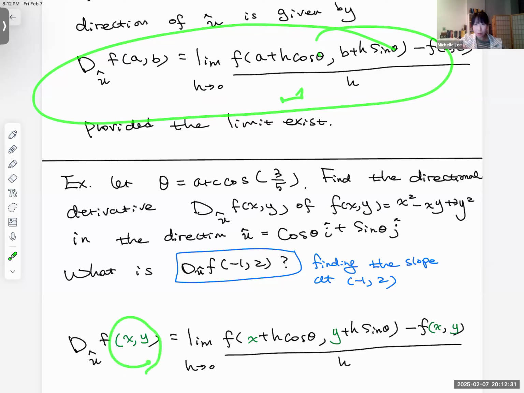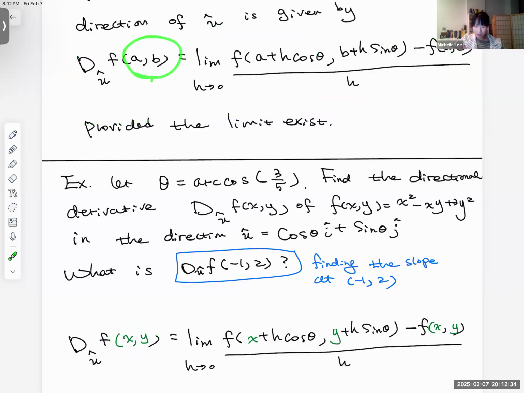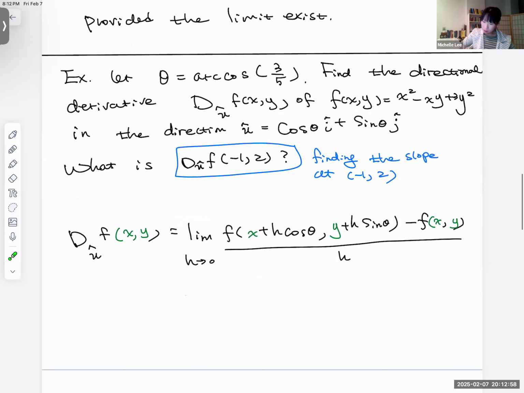So since we have x, y, I change the a, b to x, y. So everything will be the same. All right? This means we substitute into this one x, this one y. All right? Okay, let's write it down. So that will be equal to the limit as h approaches 0.